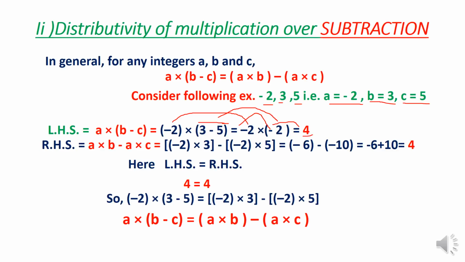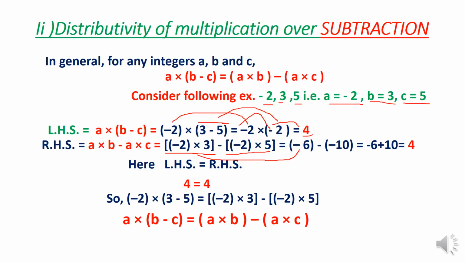Next RHS, A multiplied by B minus A multiplied by C. This means minus 2 multiplied by 3 and minus 2 multiplied by 5. So 2 multiplied by 3 gives you 6, and minus multiplied by plus will become minus. So the product of minus 2 multiplied by 3 will become minus 6.